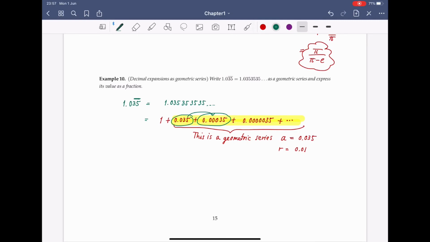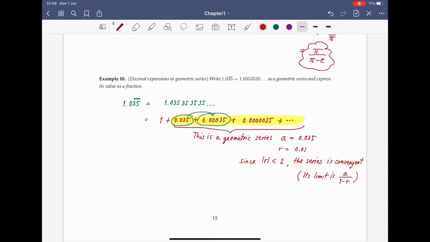And here, since the absolute value of r, 0.01, is less than 1, the series is convergent, right? And its limit is a over 1 minus r.